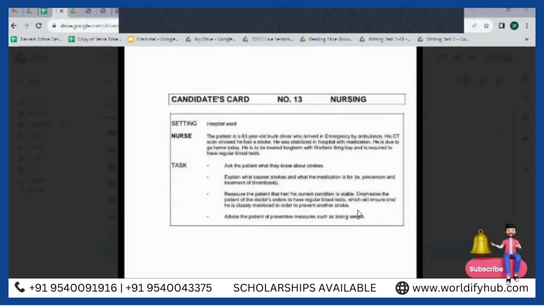Also, depending on the age group and the profession, you should make the patient serious about the treatment, about taking the medications, and advise the patient about preventive measures, such as losing weight or controlling his oil intake, or avoiding eating outside food, because this is related to a cardiac problem.